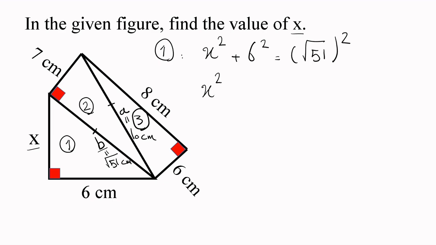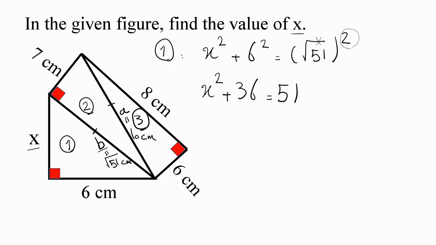So x squared plus 36 is equal to, if I raise radical 51 or a square root of 51 to the power of 2, these 2 would cancel this radical because the power and index are equal to each other. So it would be 51.